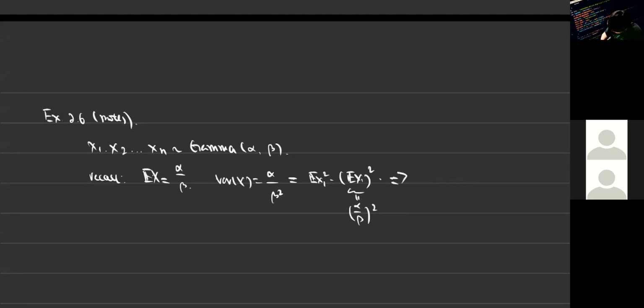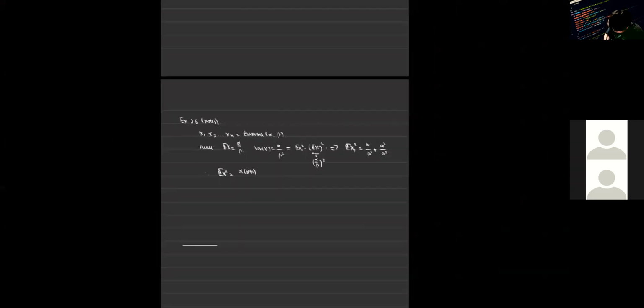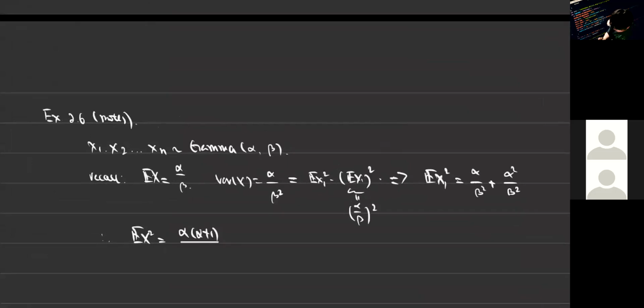So expectation of x1 square is going to be alpha over beta plus alpha square, excuse me, there's a square here, over beta square. And thus we have expectation of x squared, that's going to be alpha plus 1, oops, sorry, alpha times alpha plus 1 over beta squared. All right, we're good.